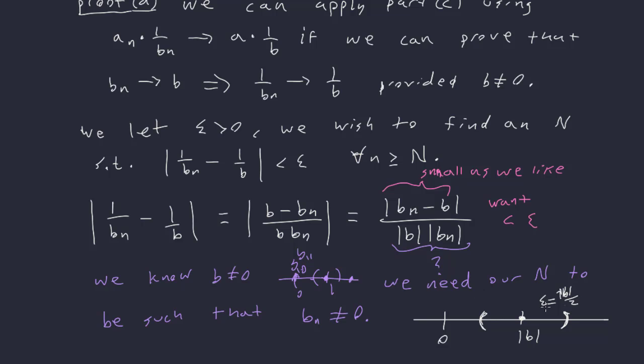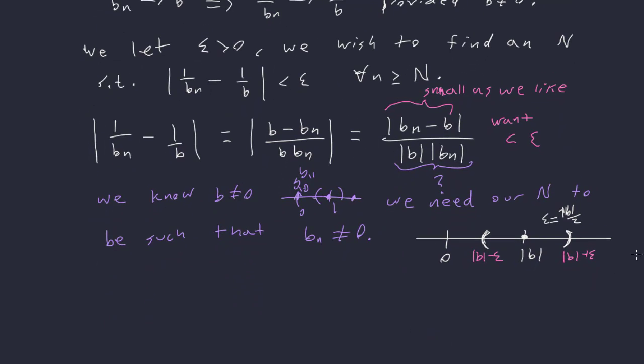Okay, so this is my epsilon. So this is the absolute value of b plus epsilon, the absolute value of b minus epsilon. So there exists an N. So let me write this.